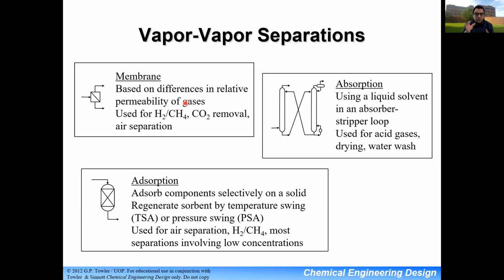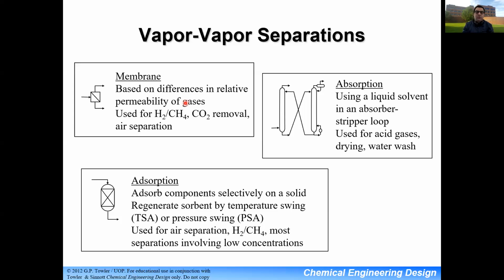The liquid just flows. Adsorption column, I have a column packed with my adsorbent solid. I introduce my mixture, for example, hydrogen and CH4, or hydrogen and CO2, for example, they pass through. The CO2 leaves from the bottom, and I have hydrogen adsorbed to the solid.